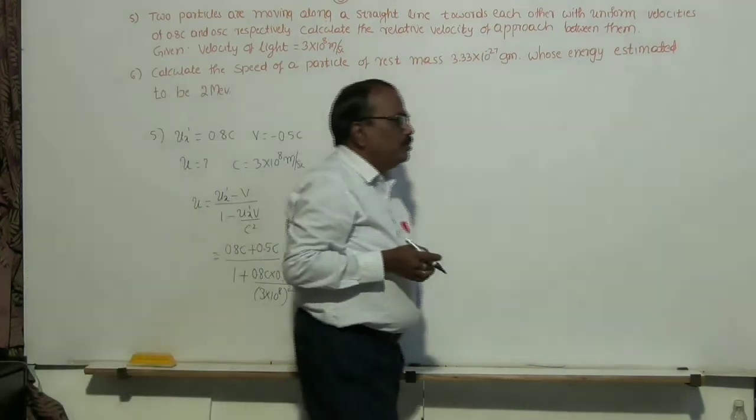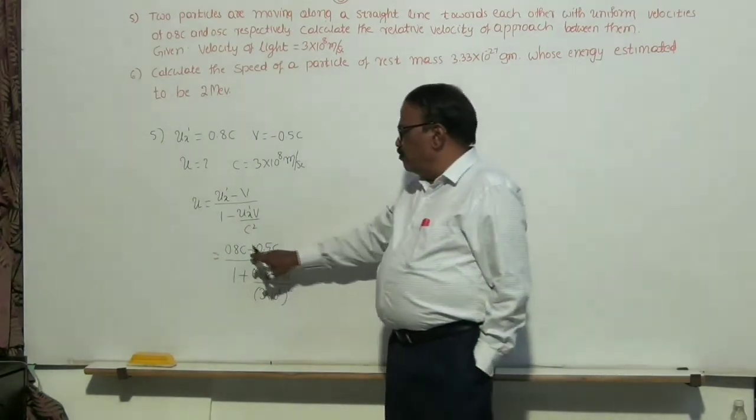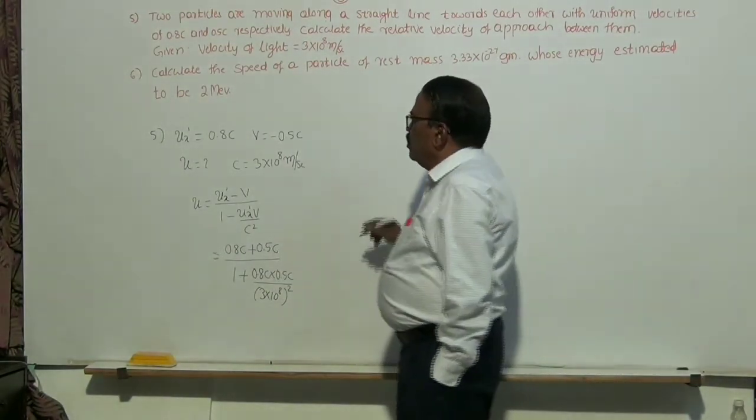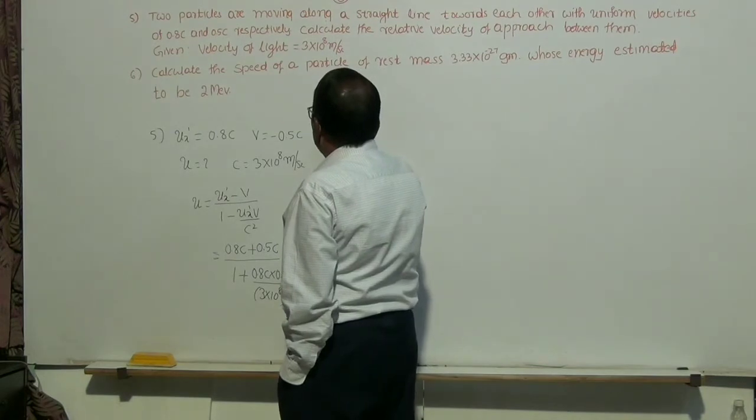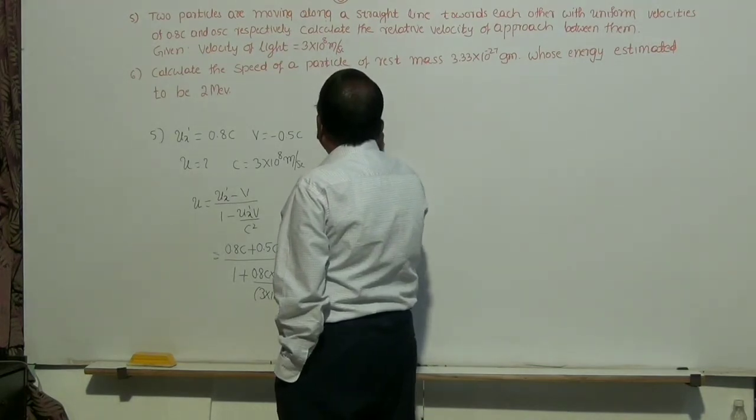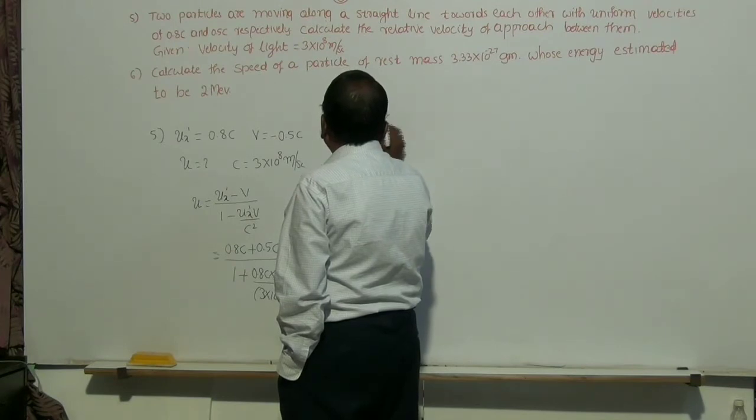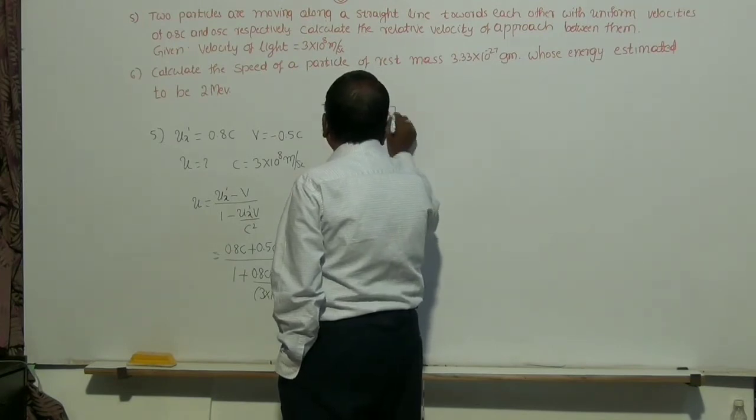Now we simplify this. If you simplify this right hand side, you are going to get the relative velocity of approach as 0.92 c. You calculate it at home.